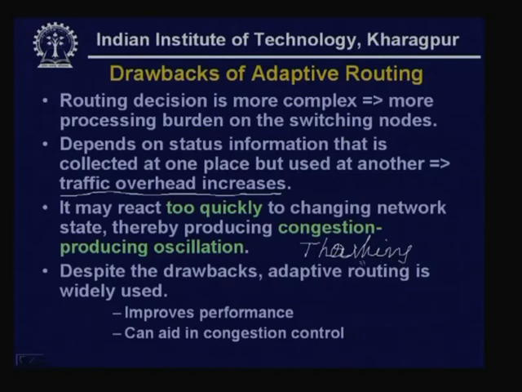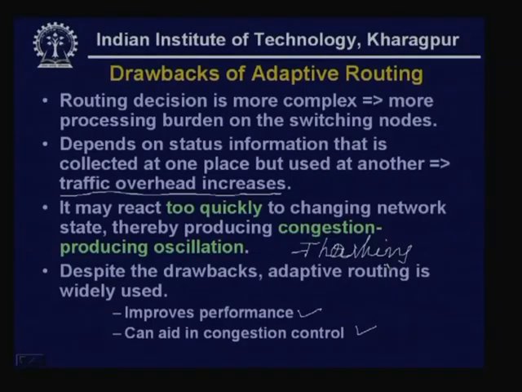So this thrashing situation has to be avoided, and that may arise in adaptive routing unless it is carefully implemented. However, in spite of these drawbacks, adaptive routing is widely used because of improved performance and can aid in congestion control.